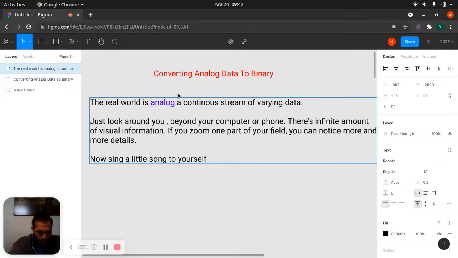That's an infinite stream of audio information. Yes, so that's an infinite stream of audio information. Okay, this is not n, sorry, this is n.